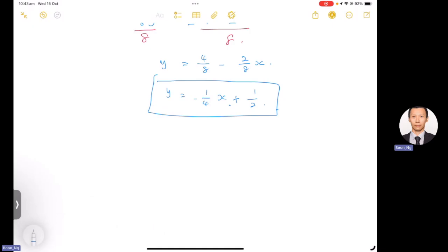Now we actually have this function, right? We can graph this function.